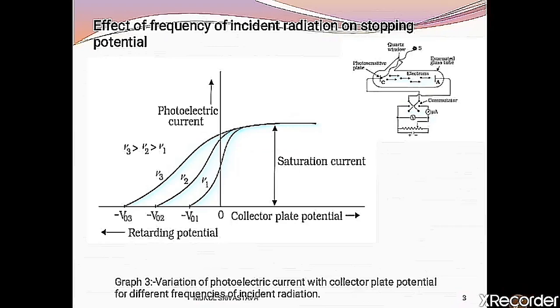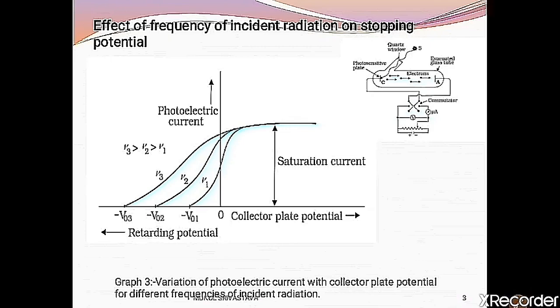Here we are going to study the effect of the frequency of incident radiation on the stopping potential, that is, the relation between the frequency nu of the incident radiation and the stopping potential V naught. If we suitably adjust the same intensity of light at various frequencies and study the variation of photoelectric current with respect to the collector plate potential, the resulting variation is shown in this graph.